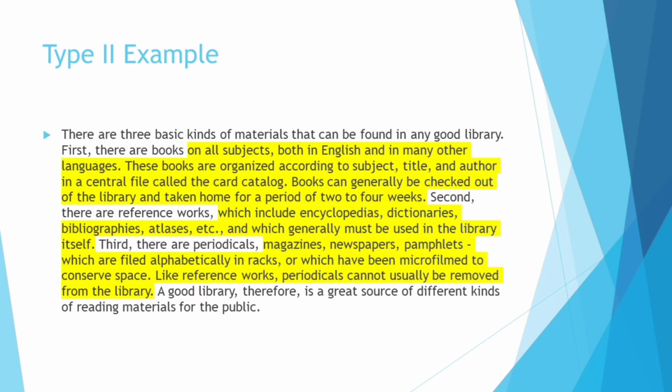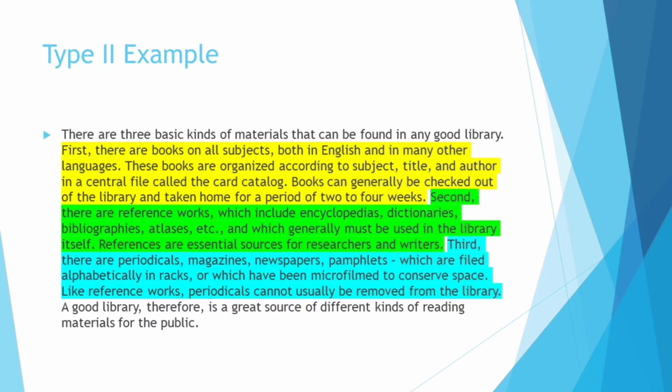Now, you remember when I talked about this structure, the structure of a body paragraph type 2, I told you that we have small units of supporting sentence and minor ideas together. And now you can see them. We have 3 here. We have the first one in which we're introducing books. And then you have details about books. And in the second part, we're introducing reference works, and you have some details about reference works.